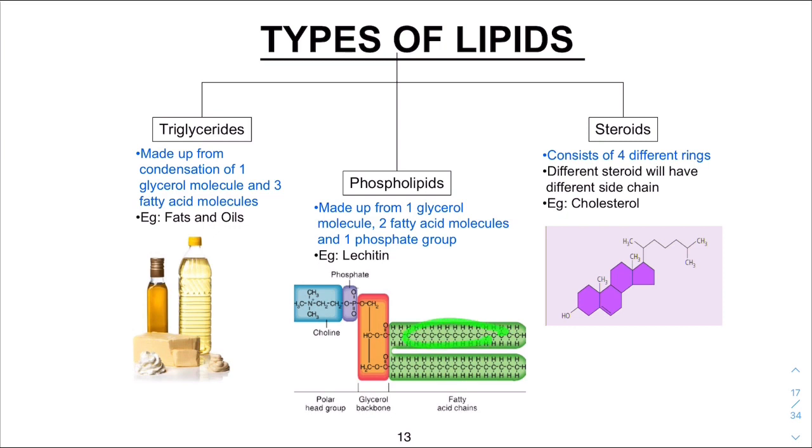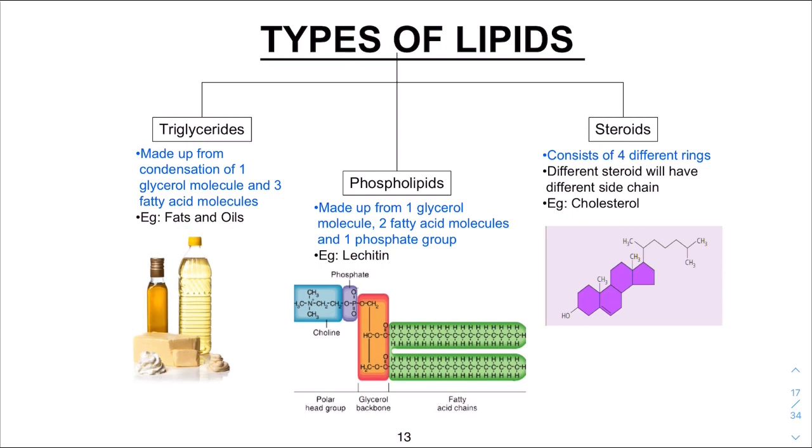Depending on apa yang attach to phosphate, itu akan differentiate the types of phospholipid. Phospholipid ini kita boleh jumpa di plasma membrane. Plasma membrane is the outermost membrane of a cell.